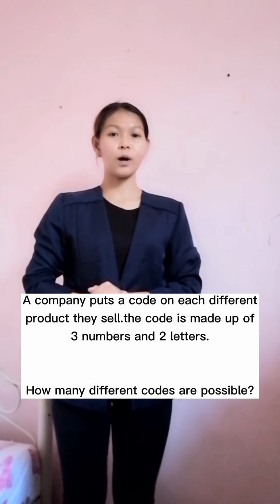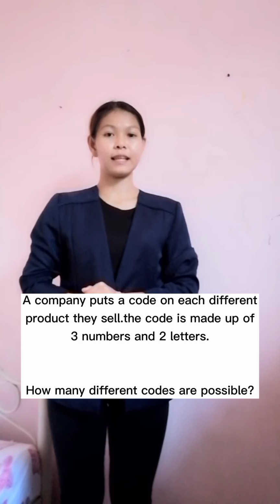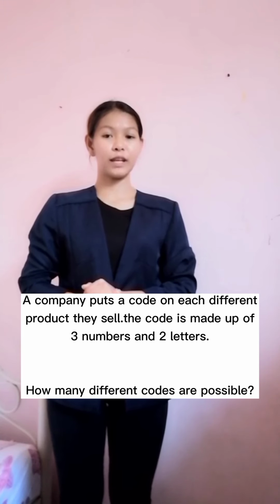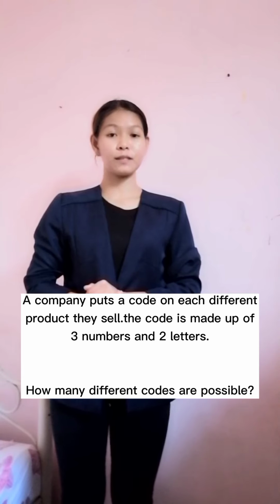Example number 4. A company puts a code on each different product they sell. The code is made up of 3 numbers and 2 letters. How many different codes are possible? For the first digit, say we encounter a number, there are 10 possible numbers, 0 through 9.